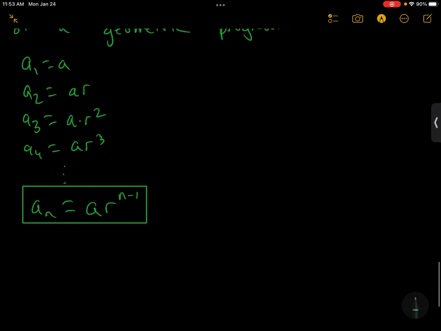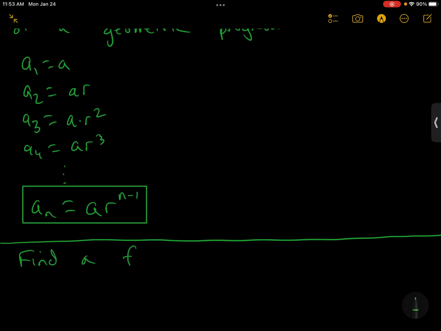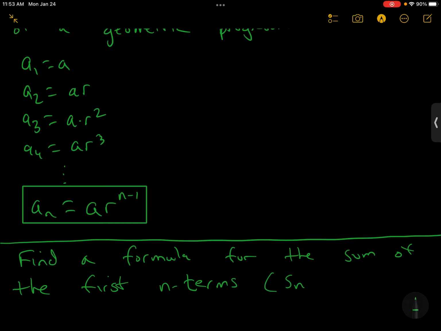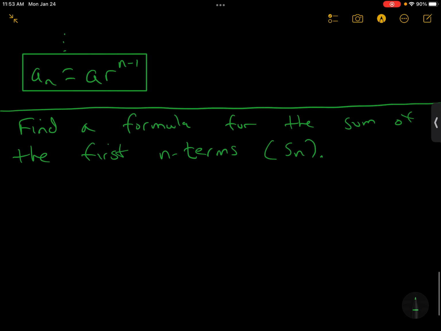Okay, so just like before, we're going to do some trickery. We want to find a formula, a closed form for the sum of the first n terms, and we'll call this Sn just like before. Okay, so this is super cool.